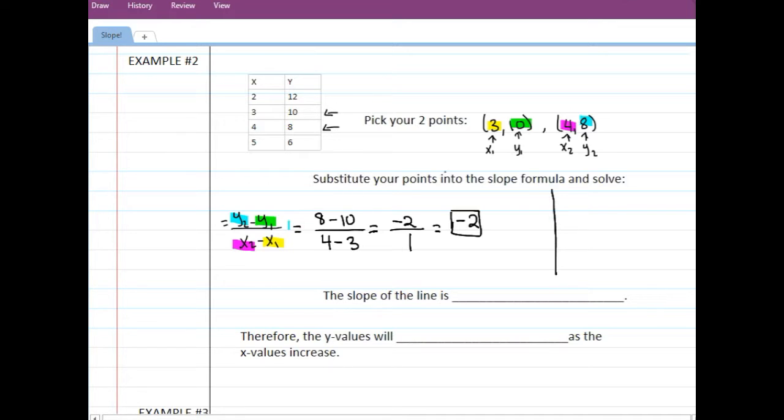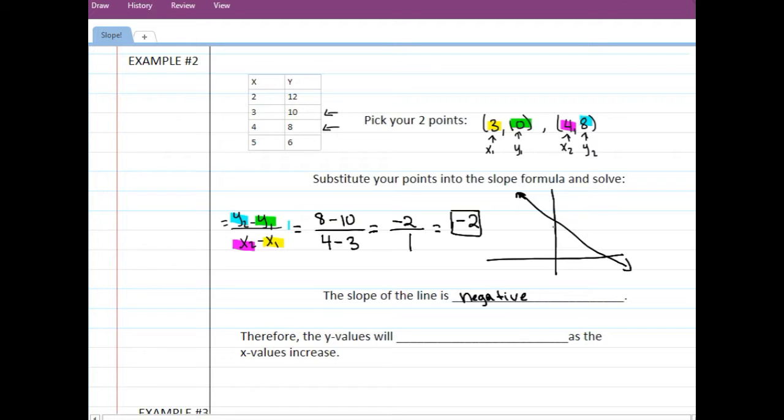So for this one, our graph is going to look like this. The line is going down, therefore the slope of the line is negative. Okay?